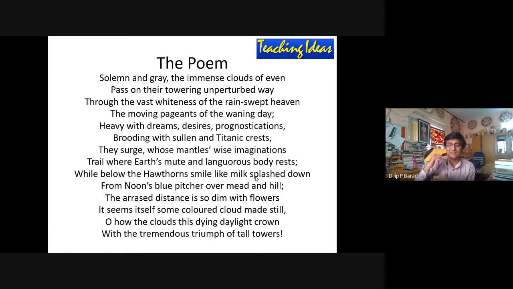Now there is another part of the poem. And when you see both parts of the poem, you find that there is a change in the angle also, the angle of looking. If you use the language of film studies, then you can say that up till now in this poem, the camera was focusing down on the earth and was looking upward.